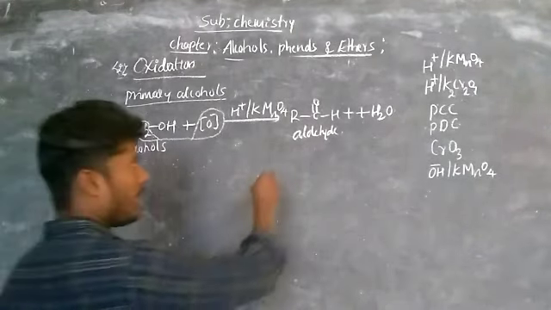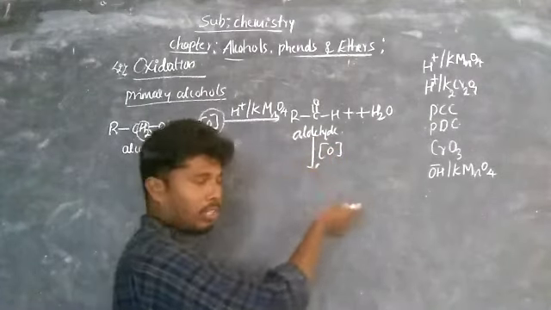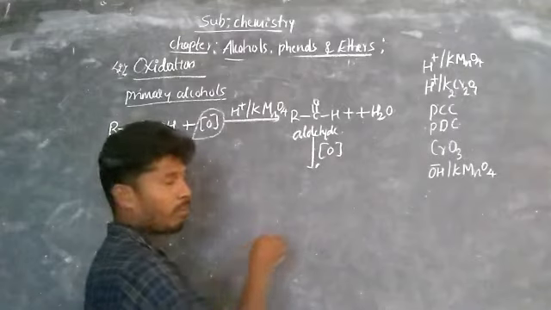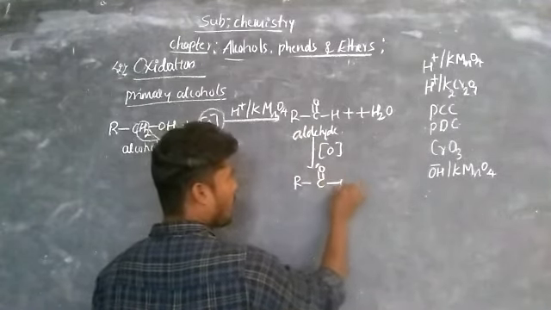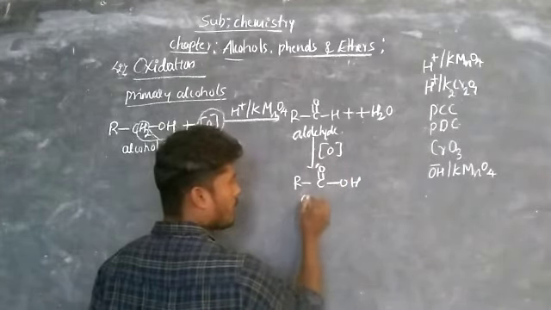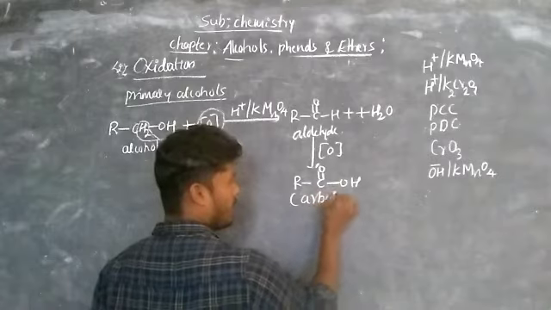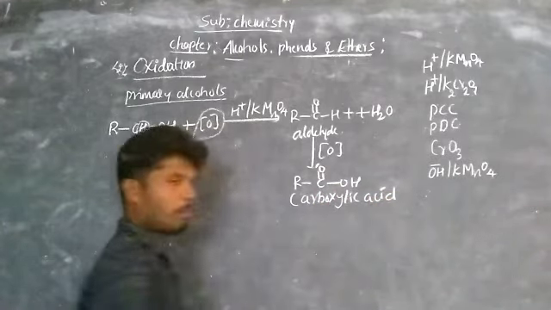Similarly, this aldehyde on further oxidation, if oxidized again with the same acidic reagent, gives a carboxylic acid, C(=O)OH. Oxygen gets added to the hydrogen, giving COOH. This is a carboxylic acid.